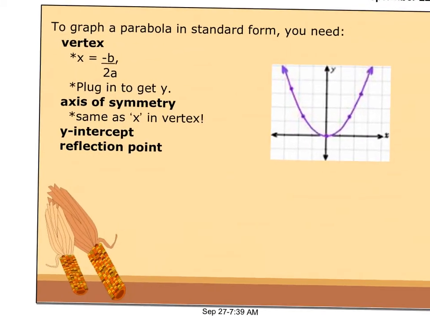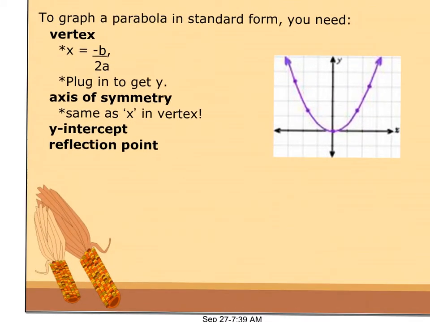All right, so there's a couple pieces that we're going to look for when we sketch the main characteristics of a quadratic graph. Remember, this shape of a graph is called a parabola.